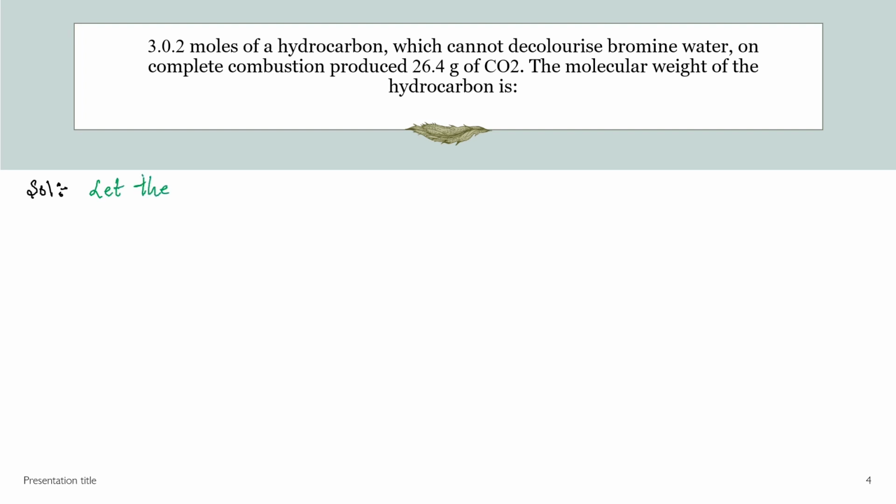Let the equation be CxHy, because it is a hydrocarbon, it contains only carbon and hydrogen, plus O2, because here they are talking about combustion. We have to add oxygen, which gives rise to CO2 plus H2O.